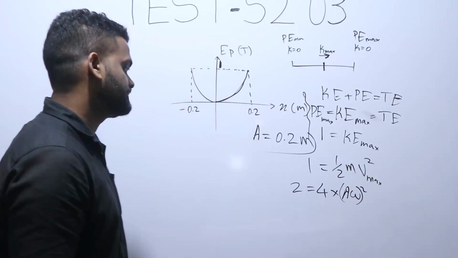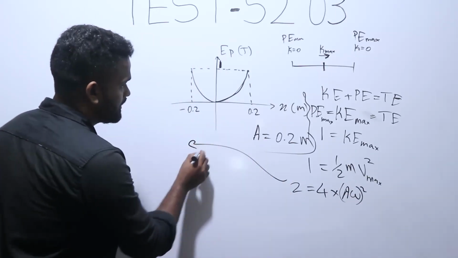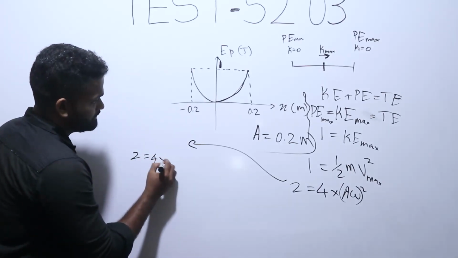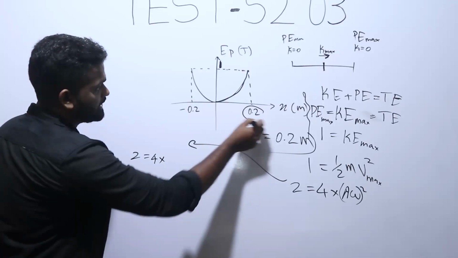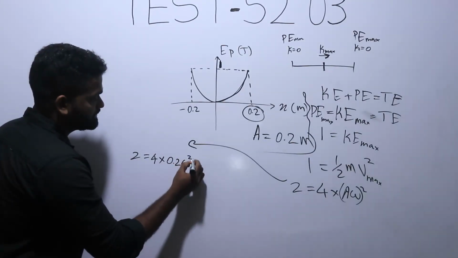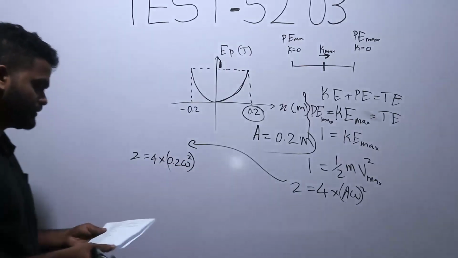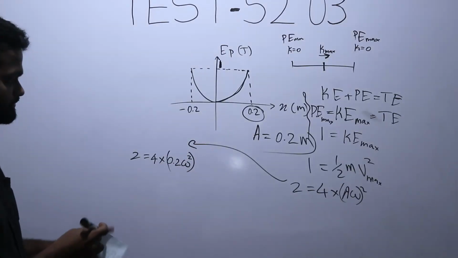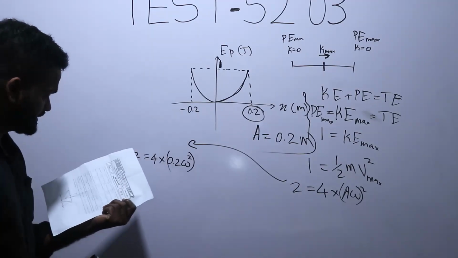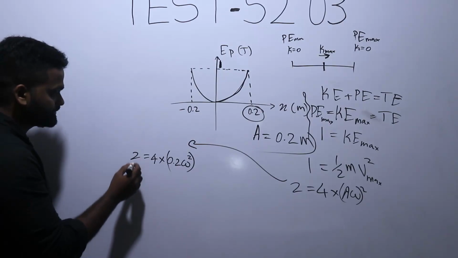Omega squared. Right. So 2 equals 4 times A, where A is the amplitude, we know that, 0.2 omega squared. So what they ask is the time period.